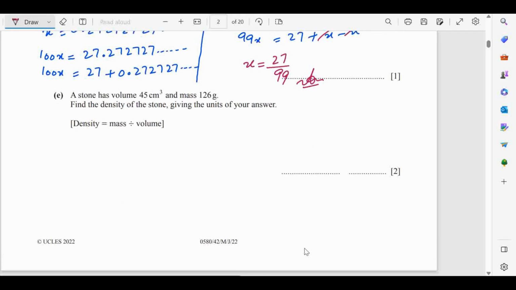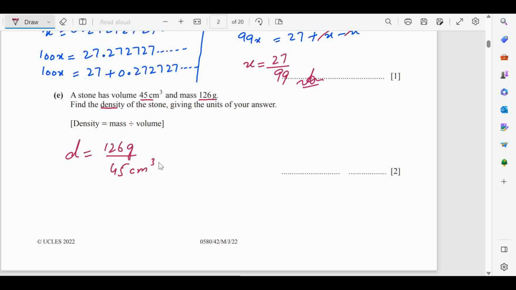Let's move to part E. In part E, a stone has volume 45 centimeter cube and mass is 126 grams. From here we can see that density is equal to mass per unit volume. So we will use this formula, as we need to find the density. Mass is 126 grams and the volume is 45 centimeter cube.